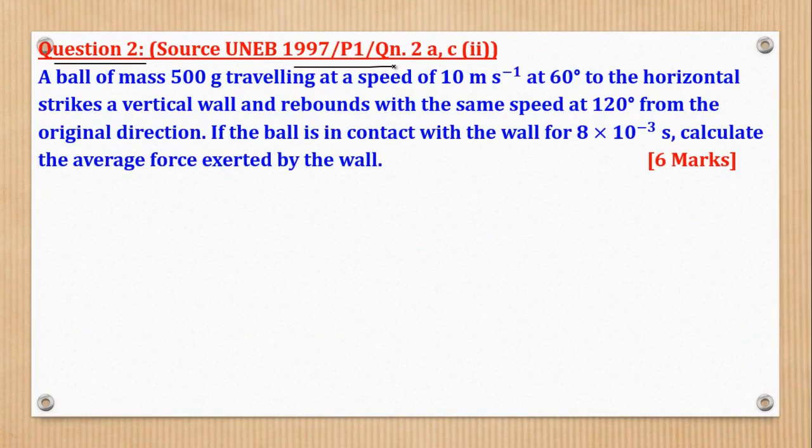Question 2 came from U.A.C.E of 1997, paper 1, question 2A. And it says, a ball of mass 500 grams traveling at a speed of 10 meters per second at 60 degrees to the horizontal, strikes a vertical wall and rebounds with the same speed at 120 degrees from the original direction.